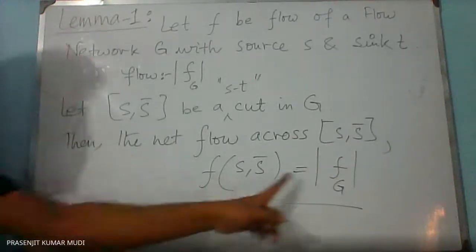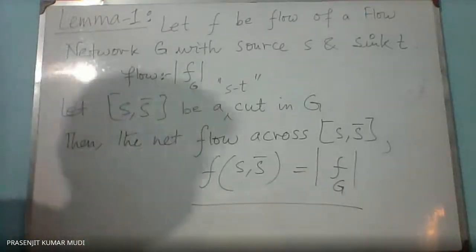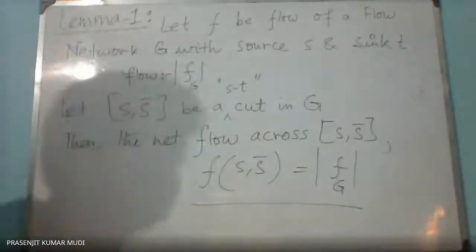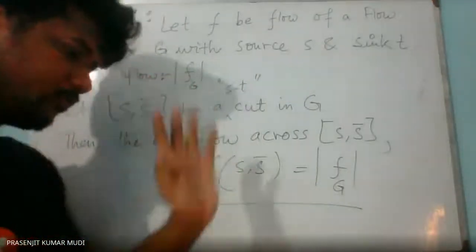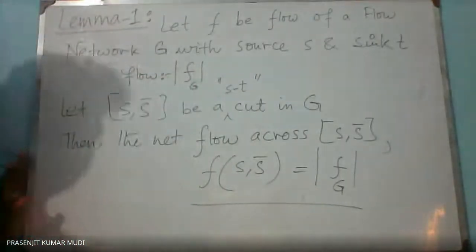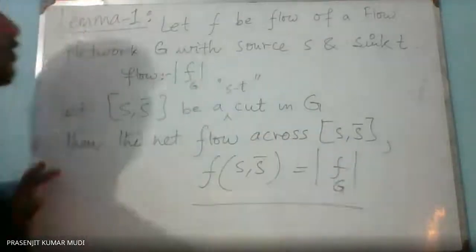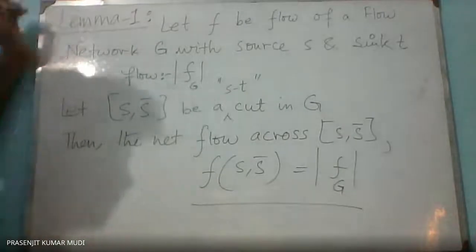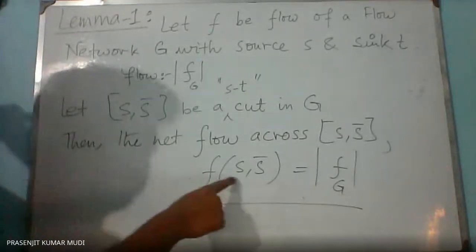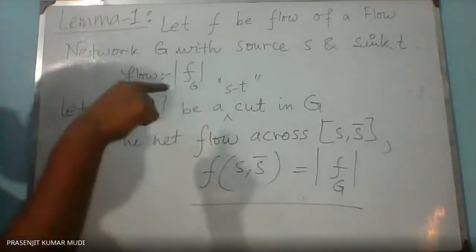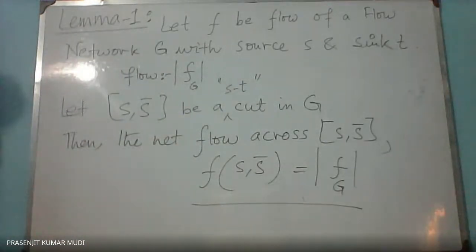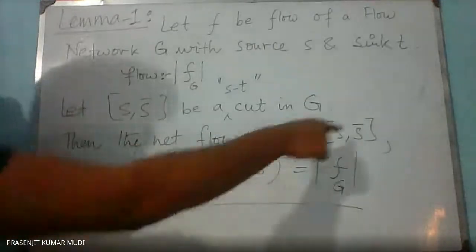Though these two are different concepts. The mod F of G you are finding from the given flow network. And this is the net outgoing flow from the source, equal to the net incoming flow to the sink. That is mod of F of G. But F of S comma S bar is the flow along the cut, the net flow across the cut.